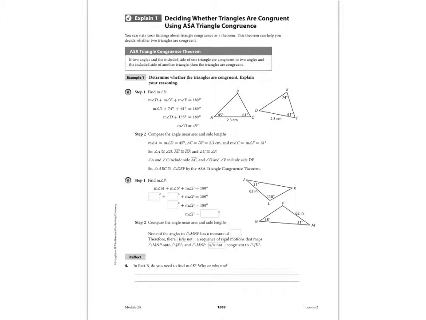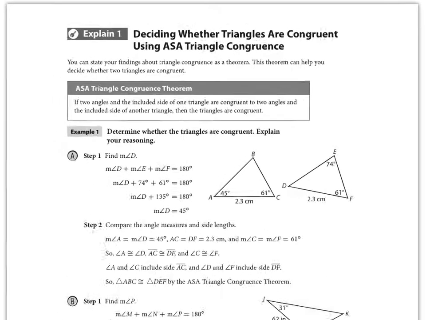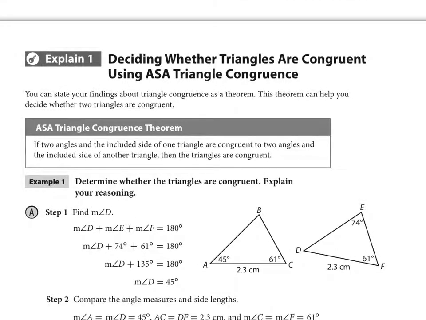On page 1003 is the statement of the ASA triangle congruence theorem. It states that if we have 2 pairs of angles and one included side, those 3 corresponding parts between 2 triangles are congruent, then the triangles are congruent. What you're going to see in these next 5 lessons, including this one, is that the conclusion is going to say the triangles are congruent.